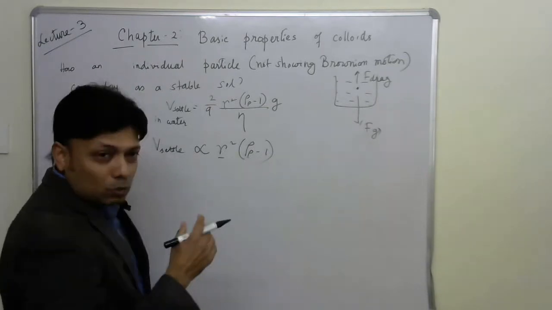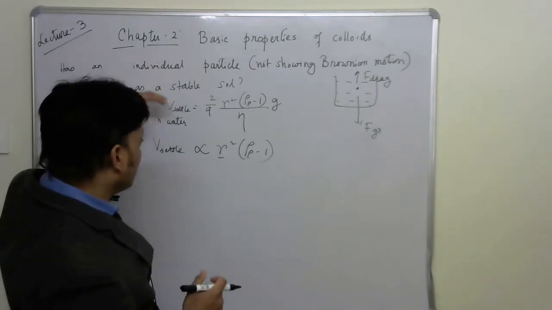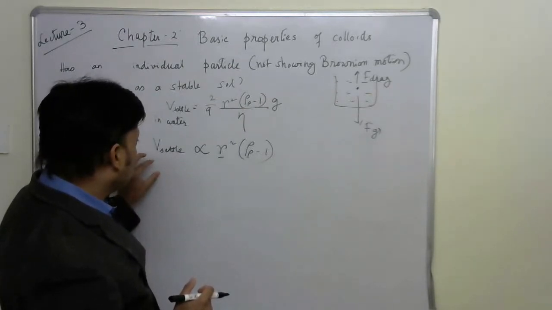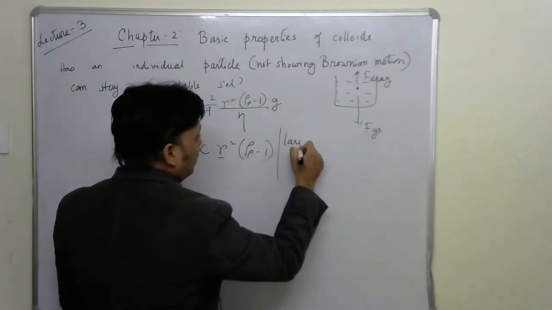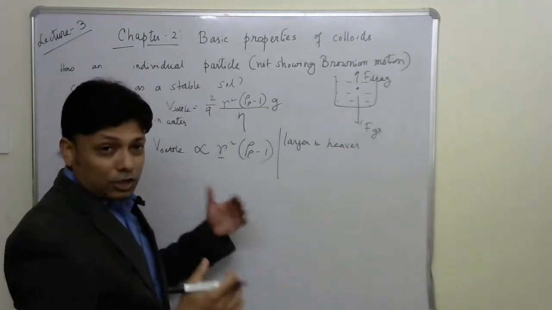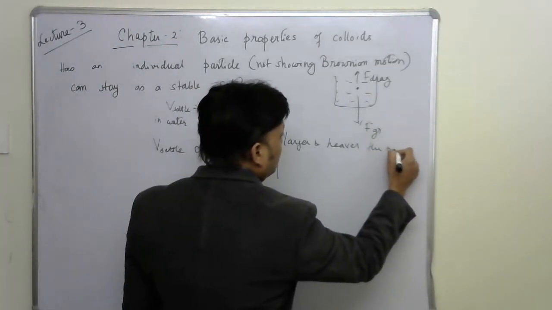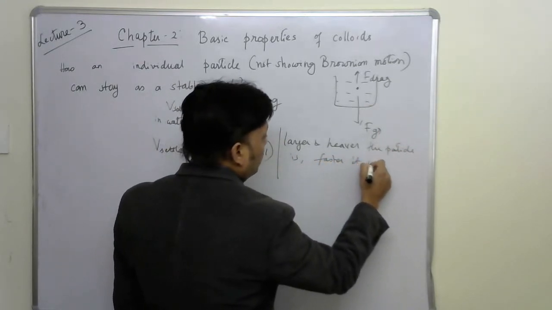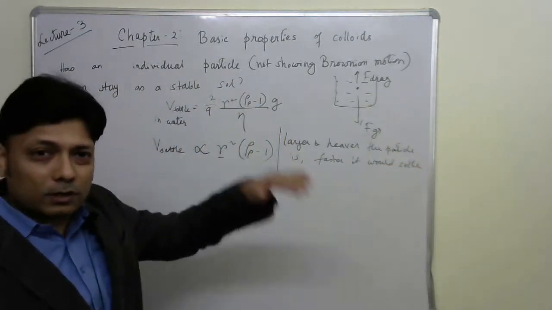So the larger the V settlement value, the faster the particle will settle. So we can write that the larger and heavier particle, because if density is high the particle will be heavier, will settle faster. And this is obvious, isn't it? The bigger and heavier particle will settle down faster.